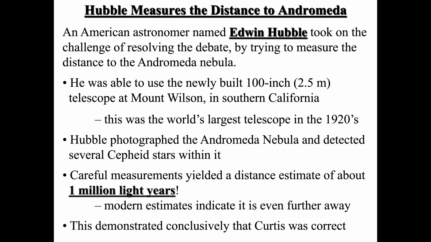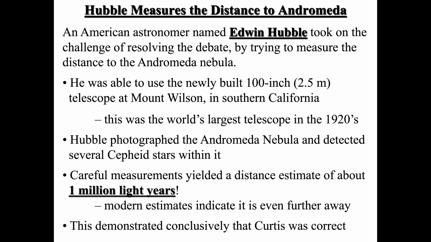Now, actually, there are modern ways to estimate the distances, and now we know that this is around 2 to 2.5 million light years away from us. But this information that he got by nicely exploiting this period luminosity relationship was enough to solve this debate about whether there are other galaxies outside our Milky Way, right?